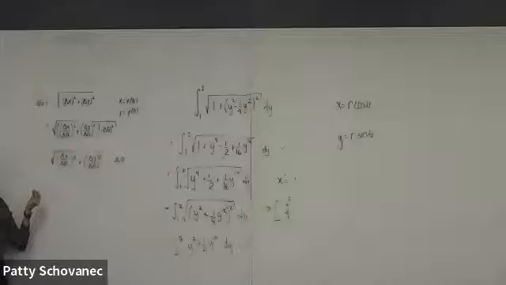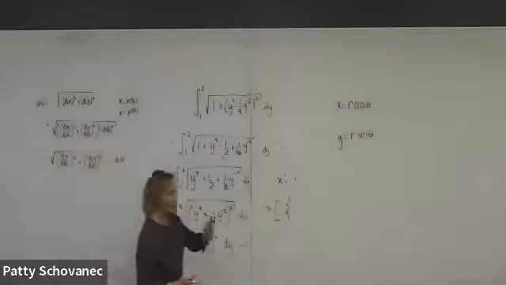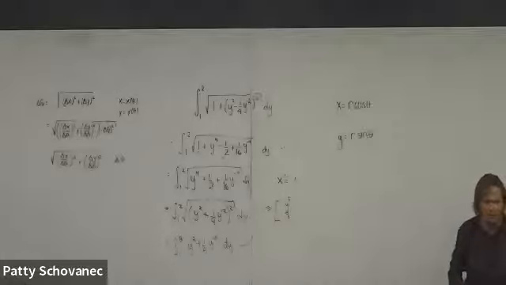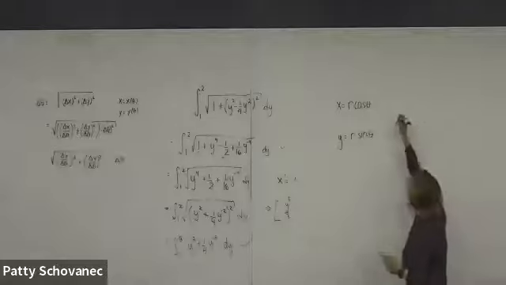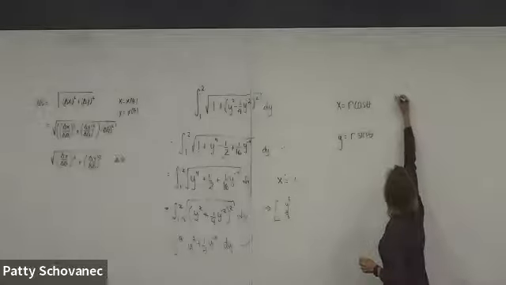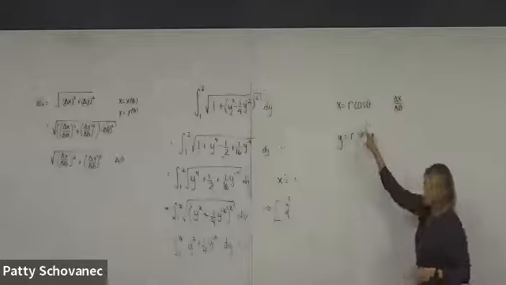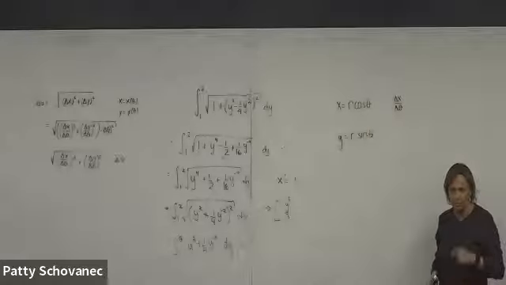But x is a function of r and theta, while r itself is a function of theta. R is not a variable, r is a function. So when I find my derivative of x with respect to theta, I'm going to use the product rule, where r is an implicit function of theta.